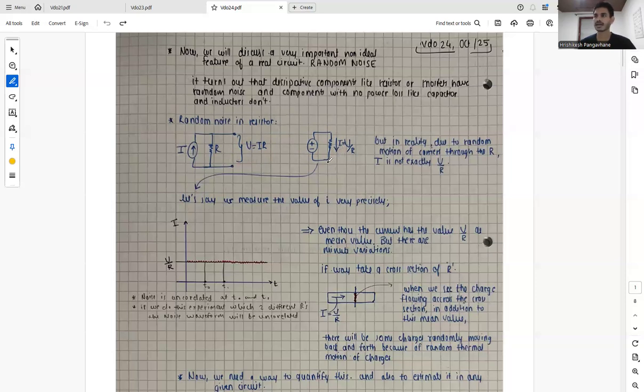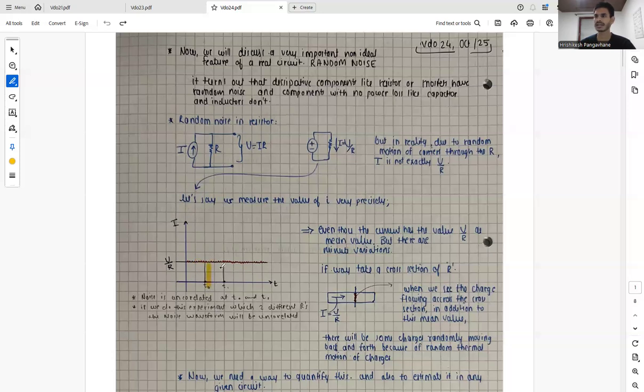Let's say we measure the value of I through the resistor very precisely. So we measure I over time, and we get a mean value of V by R as a constant. But even though the current has the value of V by R as its mean value, there are minute variations, and we can say that the variations or the band are due to noise.